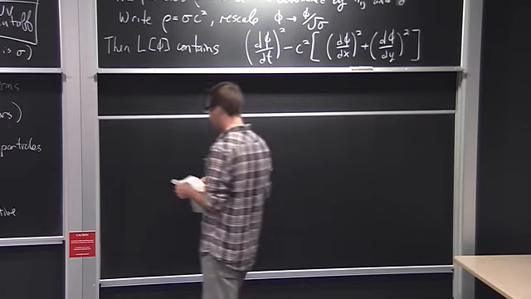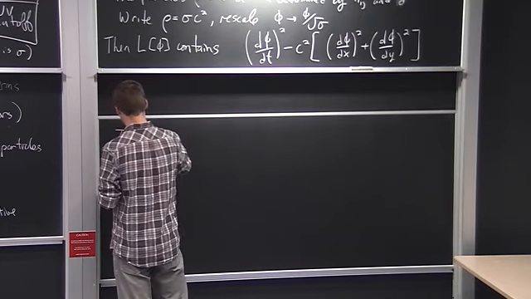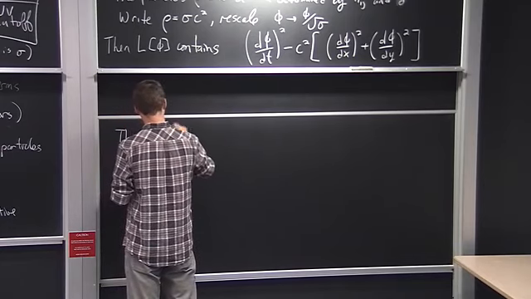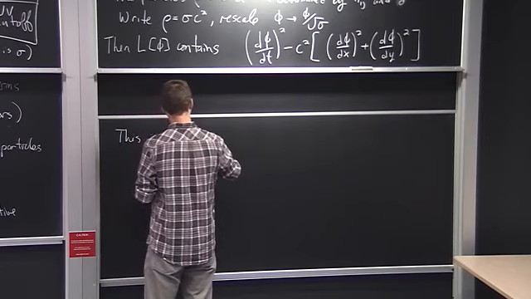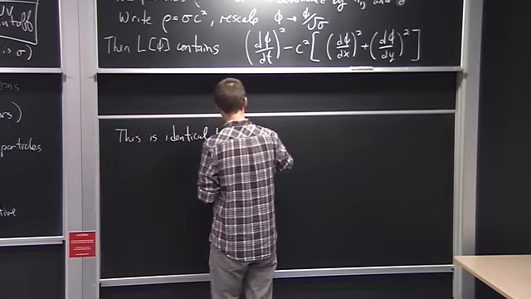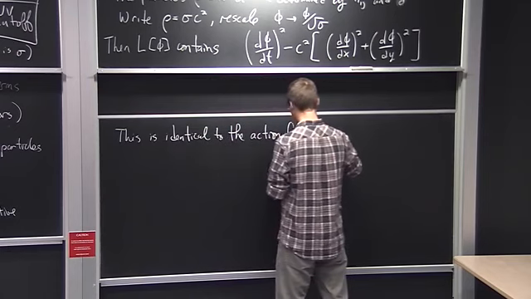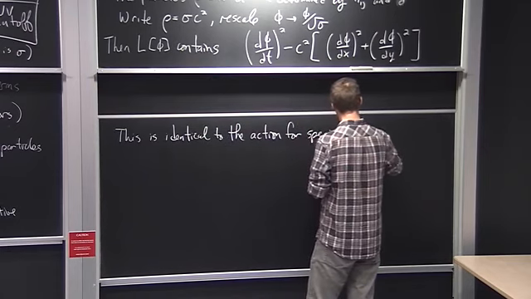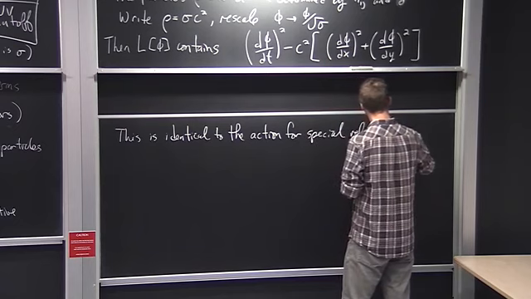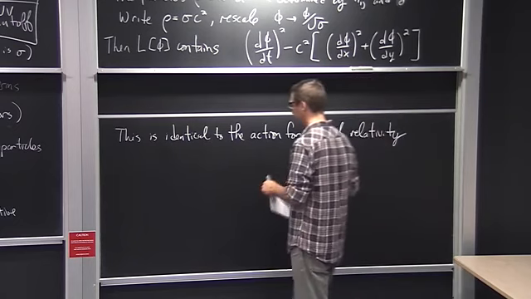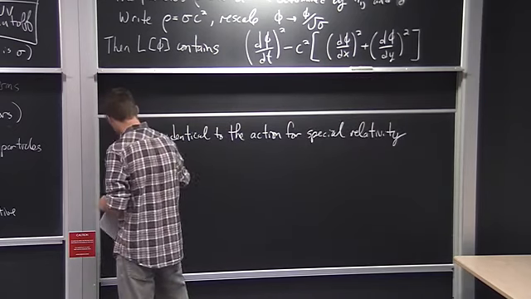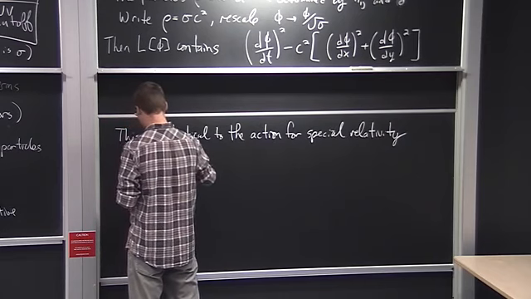So this is the action for special relativity. c has the dimensions of velocity.